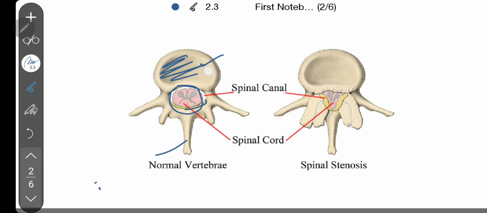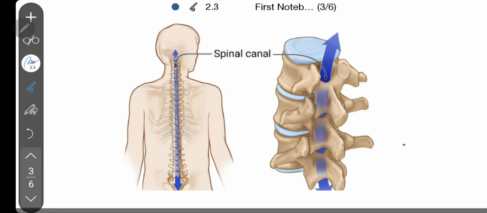Over that, there will be a vertebral disc, and above that will be another vertebra, and thus it continues downwards. So let's go a little further. That's one vertebra, above that second, third, and that continues. And above there is an intervertebral disc.